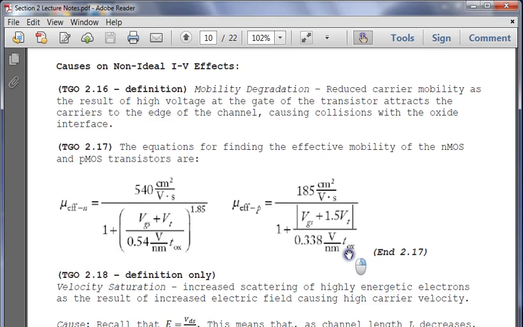At 22 nanometers, you're dealing with around 0.85 volts as your supply voltage. So you're trying to reduce the supply voltage as those channel lengths decrease because you've got to start worrying about all of these different effects. However, as the channel length decreases, it requires less voltage to activate the channel. So there are pros and cons to everything.